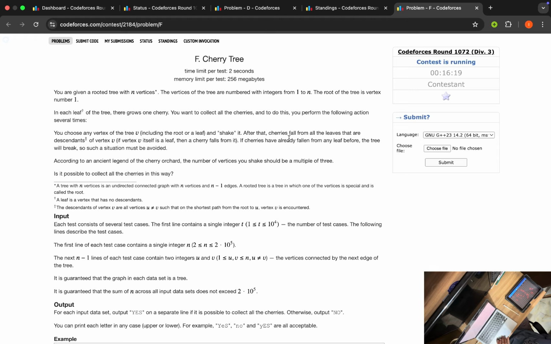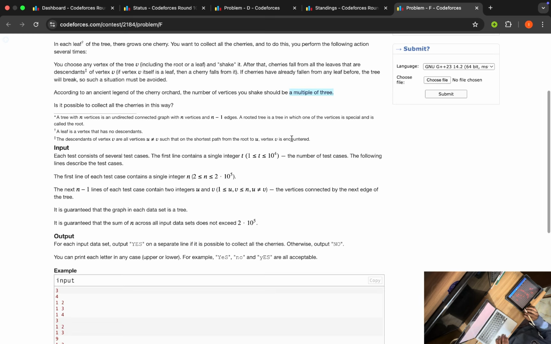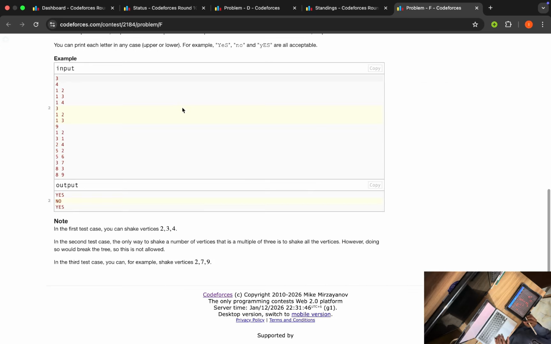After that, cherries fall from all the leaves that are descendants of V. If a cherry has already fallen from a leaf before, the tree will break, so such a situation must be avoided. According to the legend, the number of vertices shaken should be a multiple of 3. Is it possible? Okay, got the point.